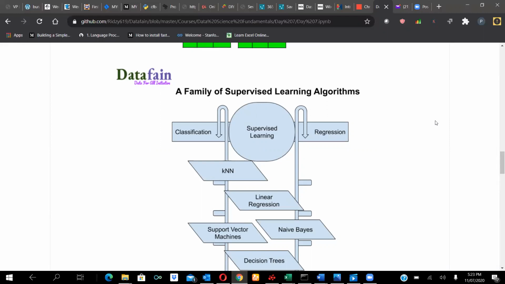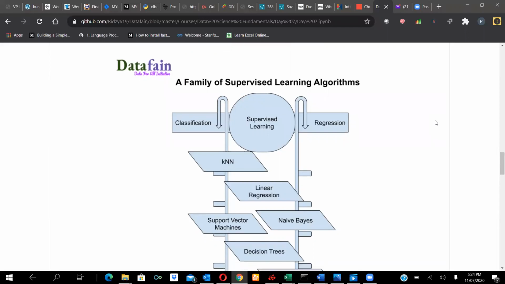Remember, all algorithms are under supervised learning. Simple. A regression algorithm helps you predict output values based on input features, and most times, it is best used for numerical data sets, numerical output values.